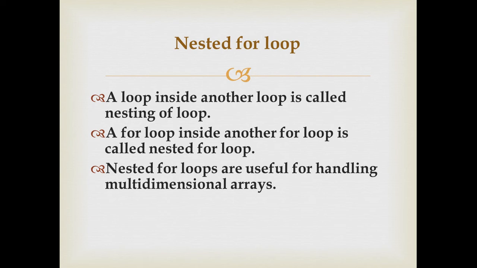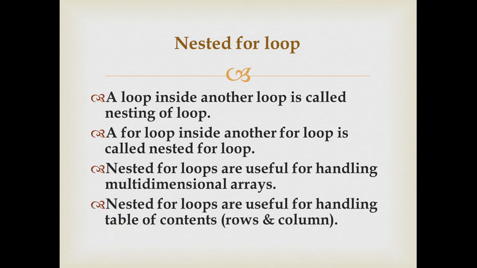Nested for loops are very useful for handling multidimensional arrays. We are going to learn about arrays and multidimensional arrays in upcoming parts of the tutorial. It is very essential and helpful for inserting and retrieving values from a multidimensional array using a nested for loop.